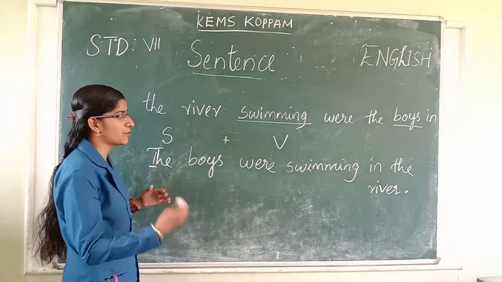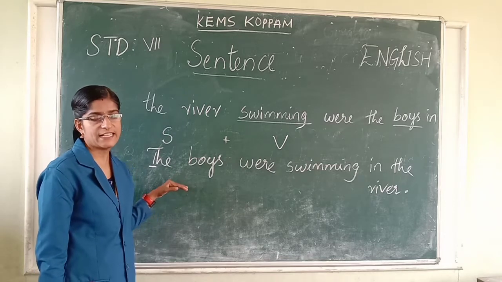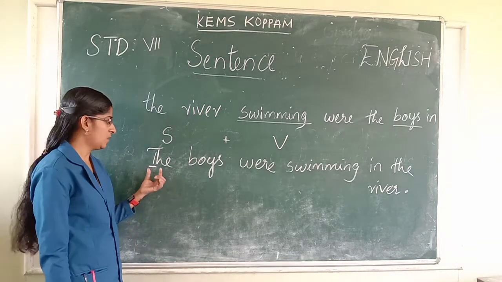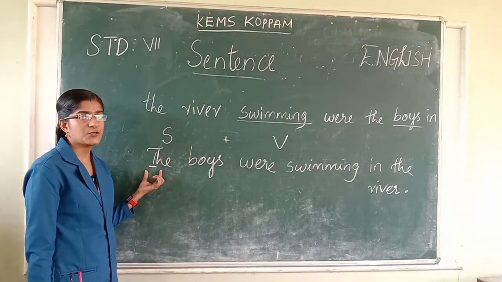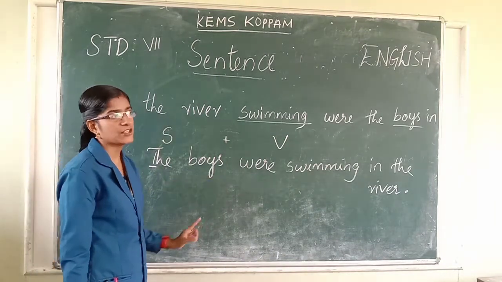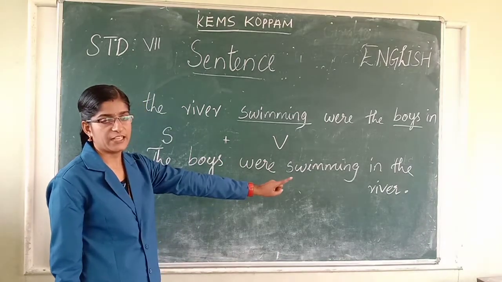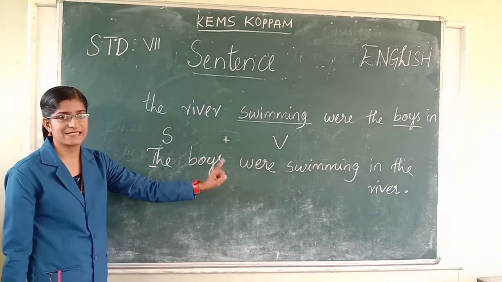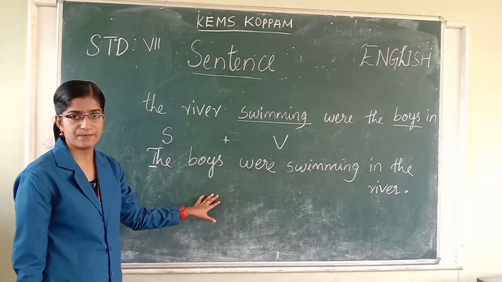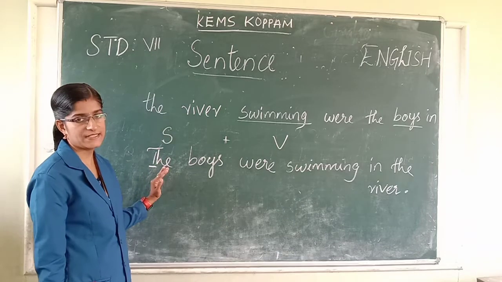All that you have to put according to the nature of the sentence. So a sentence should start with a capital letter and at the end you have to put the punctuation mark, whether it is full stop, question mark, exclamation mark, or whatever it is. Clear? So this is a sentence.